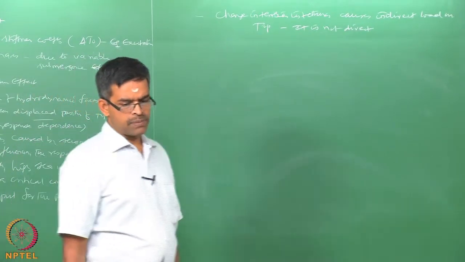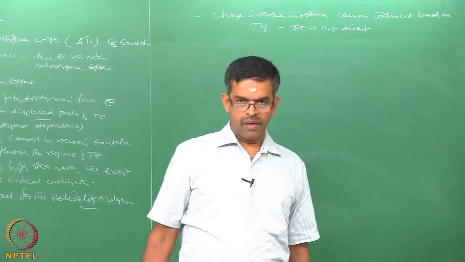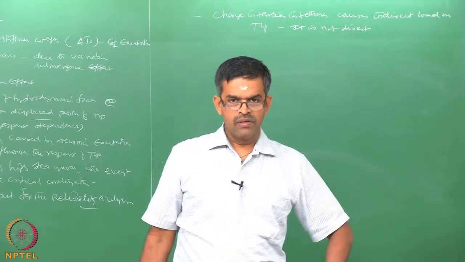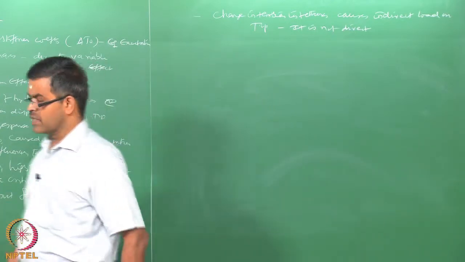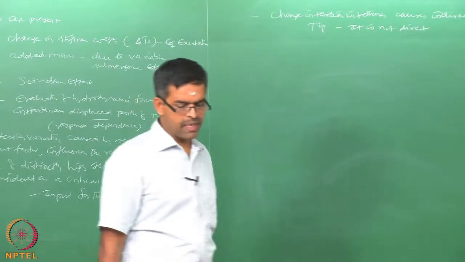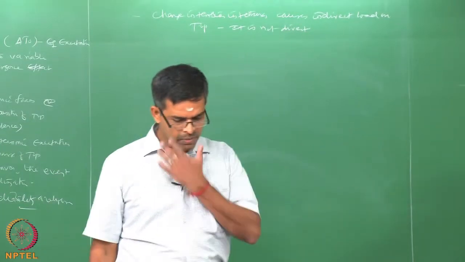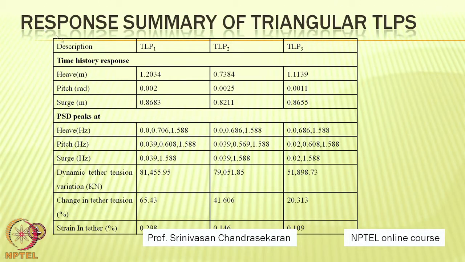Please pay attention to the response summary of the triangular TLPs after the equations of motion are solved in the Newmark's integration scheme as discussed just now. So, please pay attention to the values shown on the screen now. 3 TLPs, TLP 1, 2 and 3 are listed here.